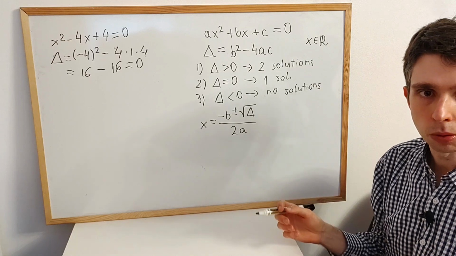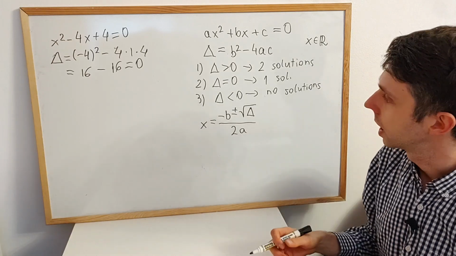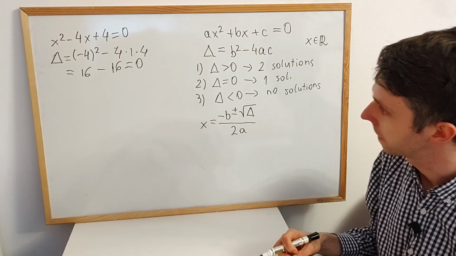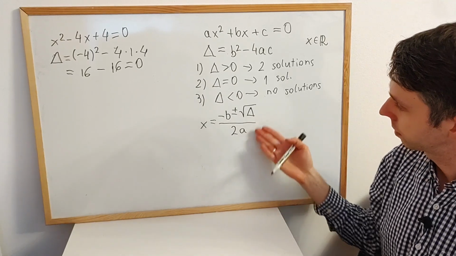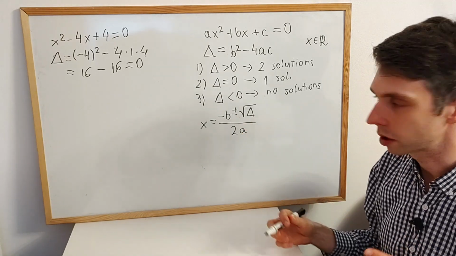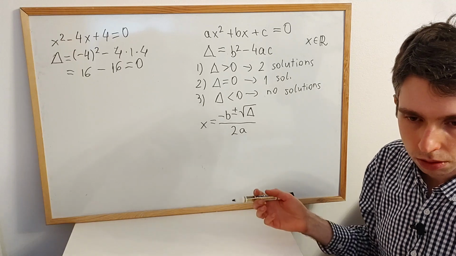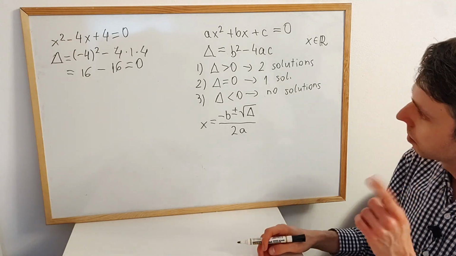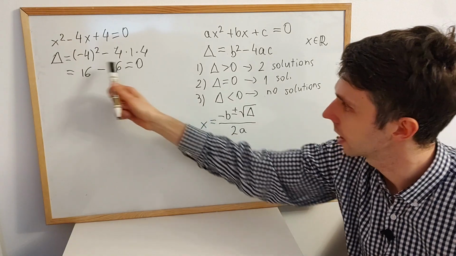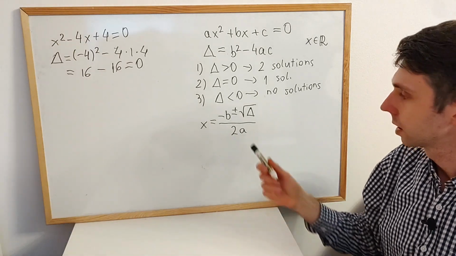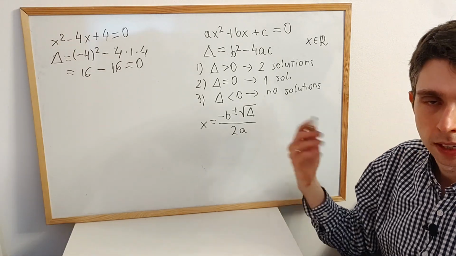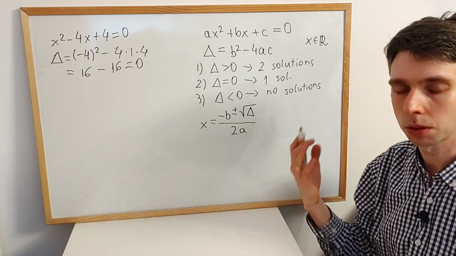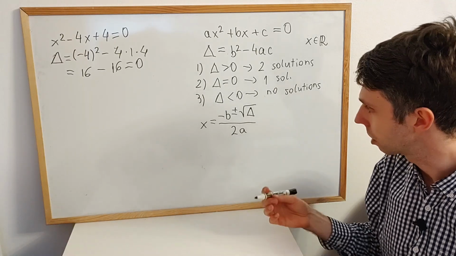So we have only one solution of our quadratic equation, but I gave you the formula for two solutions. So how to get only one of them? But look, if delta is 0, then the square root of delta is also 0, because the square root of 0 is 0.